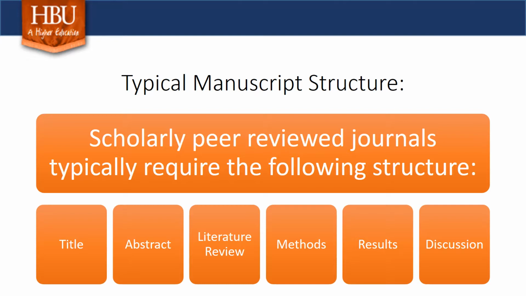For the most part, you'll see our project aligns well with this structure. We, however, haven't talked much about the abstract. That abstract is a brief, bare bones synopsis of what the research intends to do. Obviously, then it moves on to the lit review, the methods, the results, and discussion.